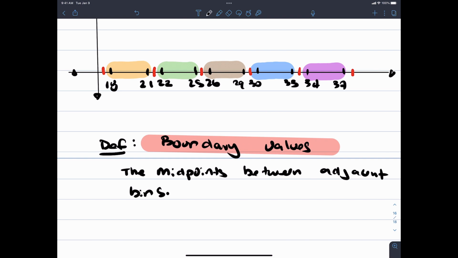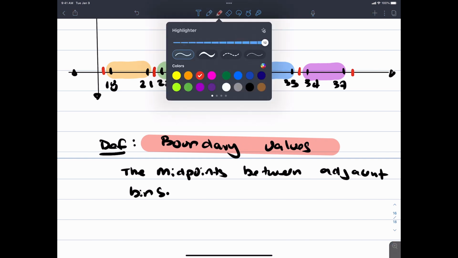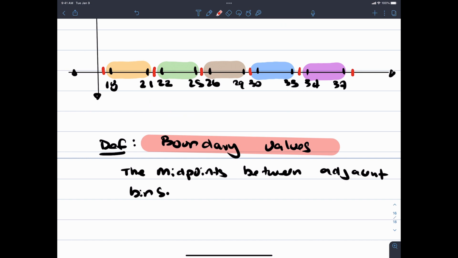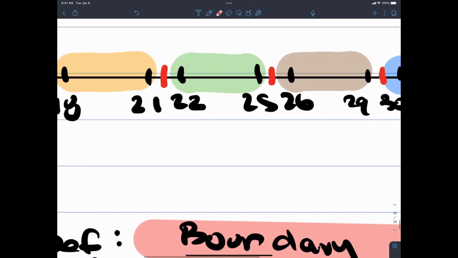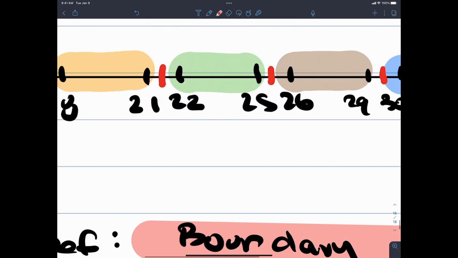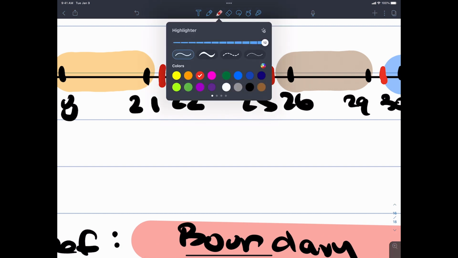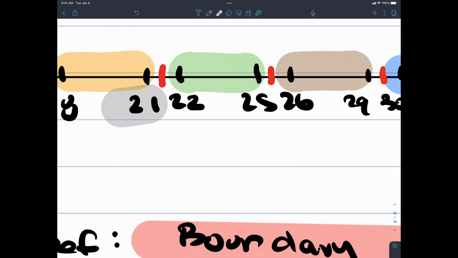So these are all midpoints between adjacent. What does adjacent mean? Next to. So I want you guys to focus on this here, okay? This is extremely important here. You don't even have to use your calculator, but you can if you like.